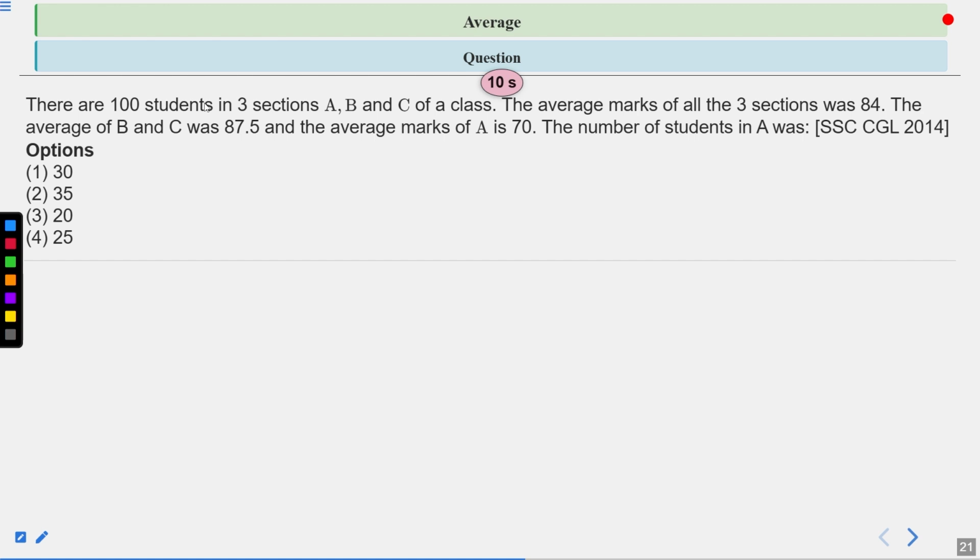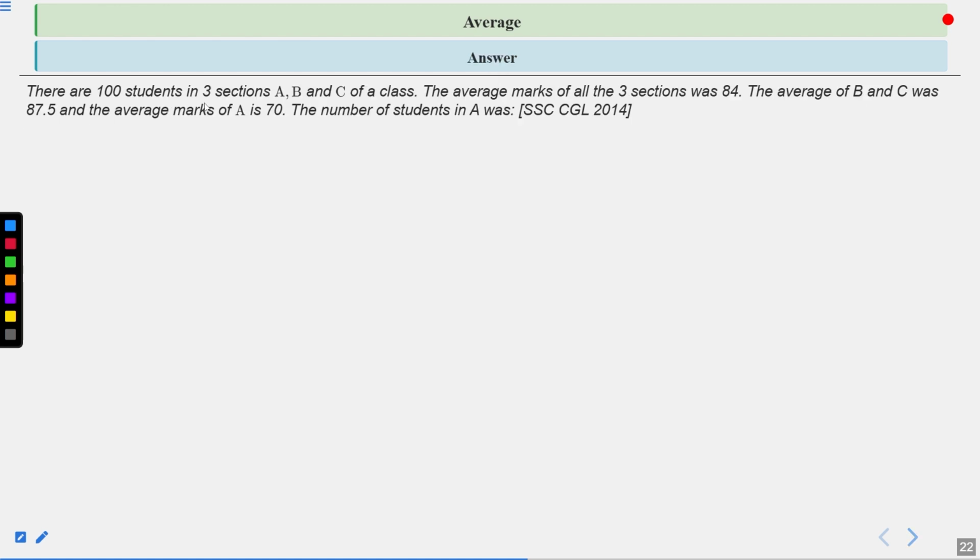Now you have 10 seconds to analyze the question. Your time starts now. Now time's up. Let's see the solution of this question. The question says that there are 100 students in three sections A, B and C. The average mark of all three sections is 84, it is given.